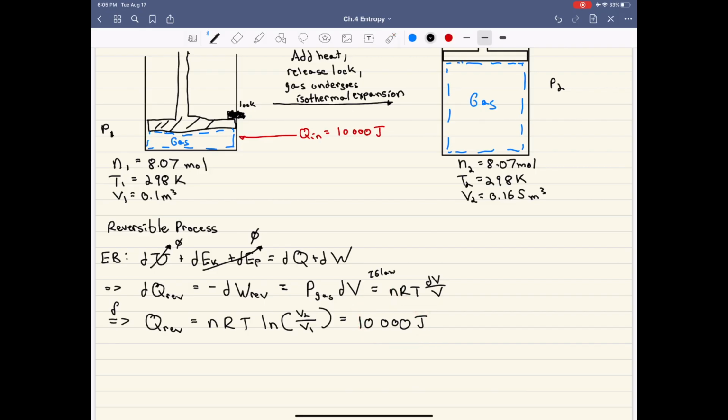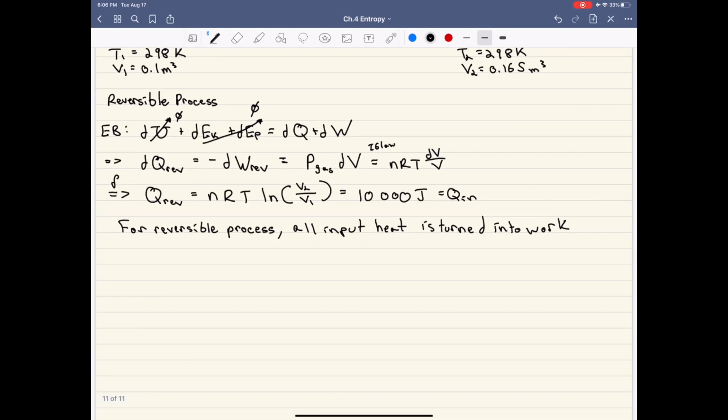That's equal to Q in. Just to summarize the point here, for a reversible process, all input heat is turned into work. So that was the case for the reversible process.